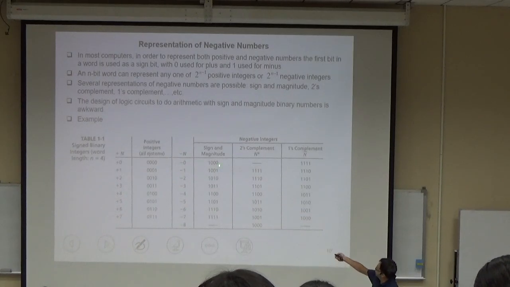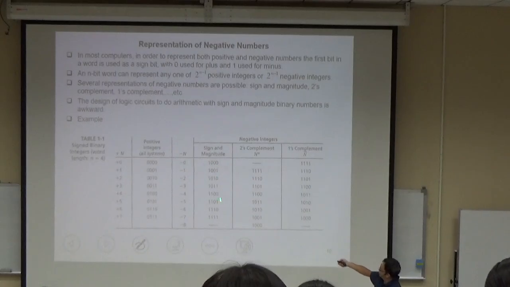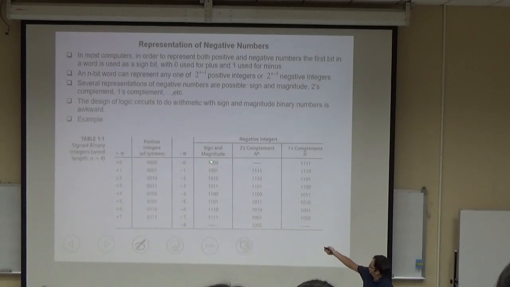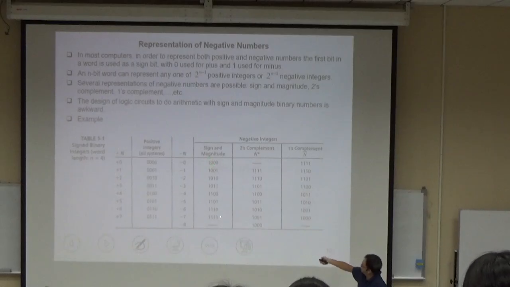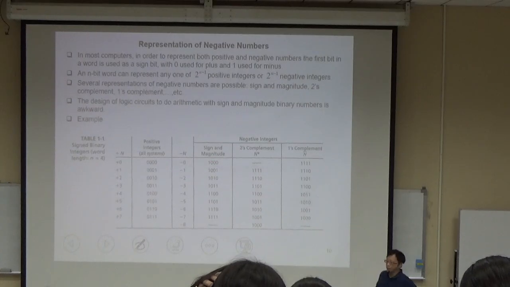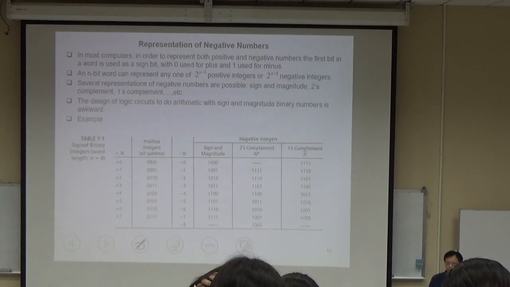Okay? So for sign-negative, it's quite easy to get this conversion. Find that the first bit is 1, equal to 1. This is negative. And the remaining 3 bits are the same as here. For positive 0, it is 0. Next, negative 0 is 1 with all these 3 bits equal to 0.